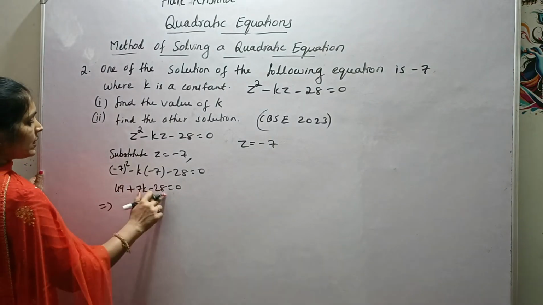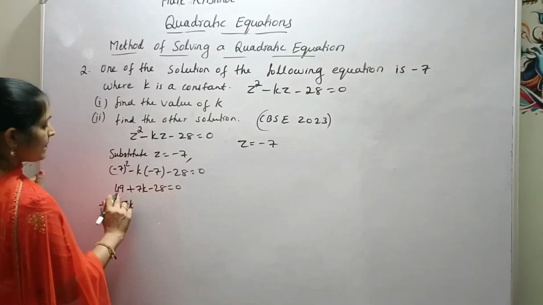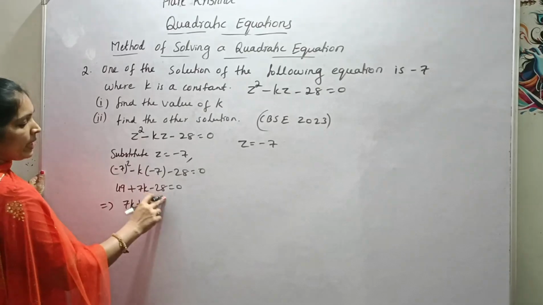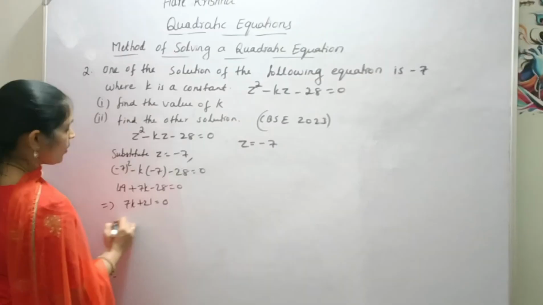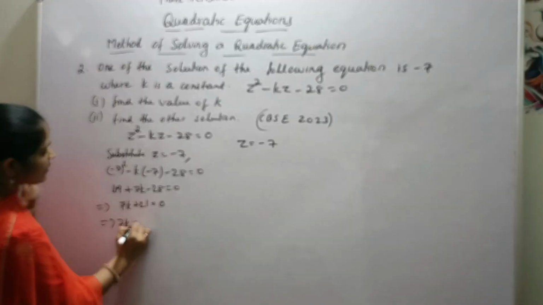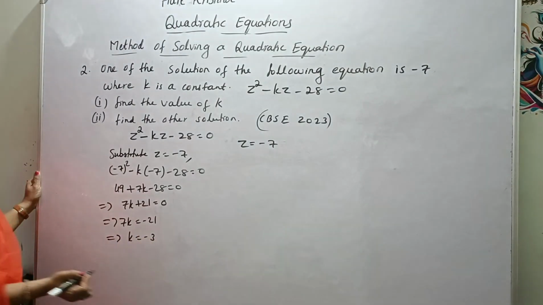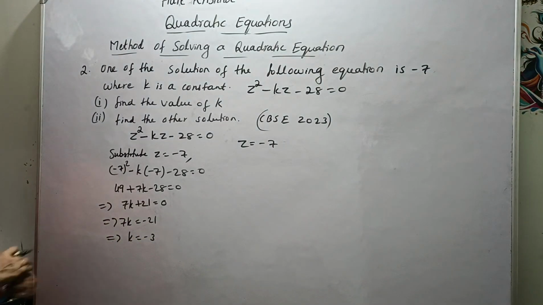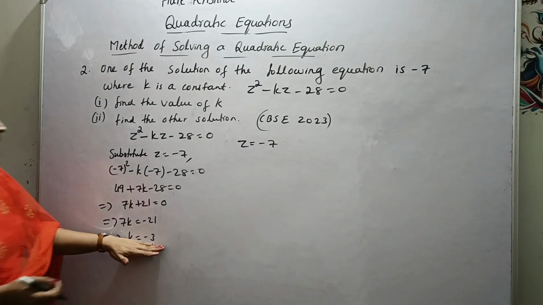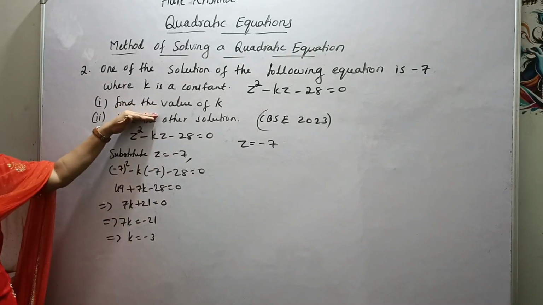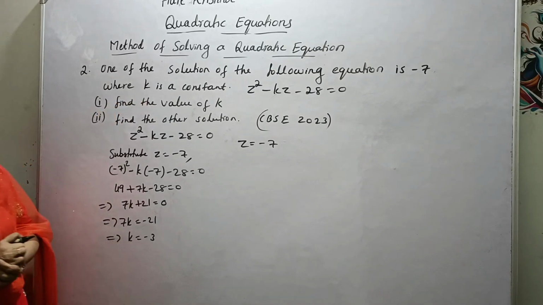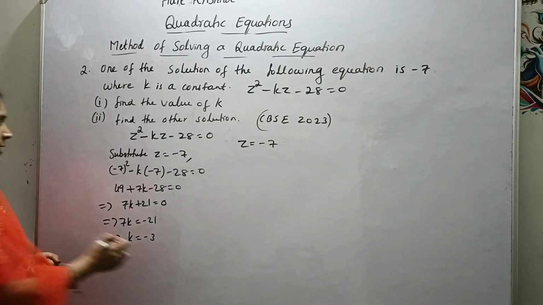That implies 7k plus 21, 49 minus 28 is 21, is equal to 0. That implies 7k is equal to −21. That implies k is equal to −3. So the value of k is −3. We have got the answer for the first question, that is the value of k is −3.